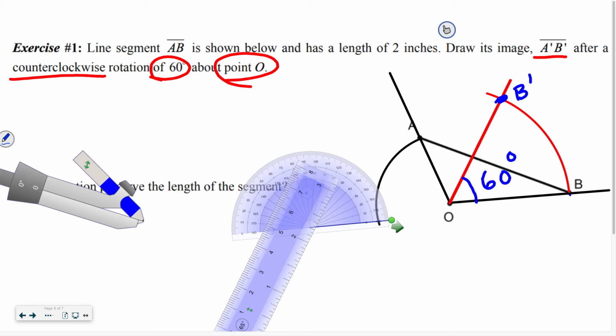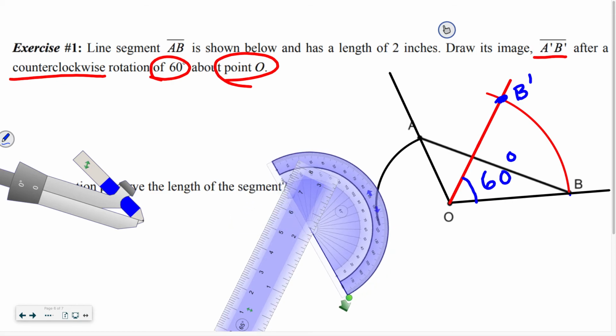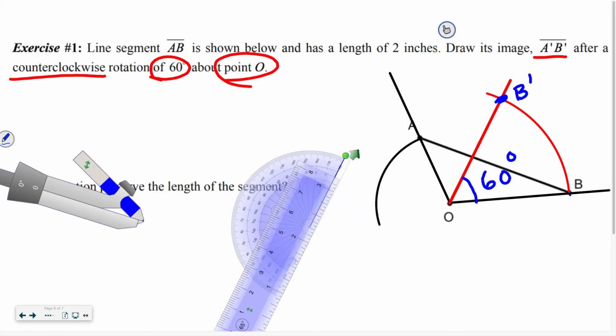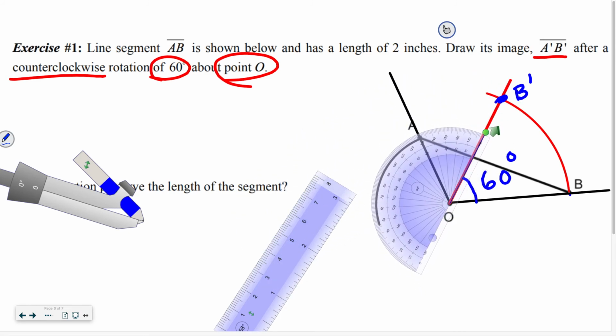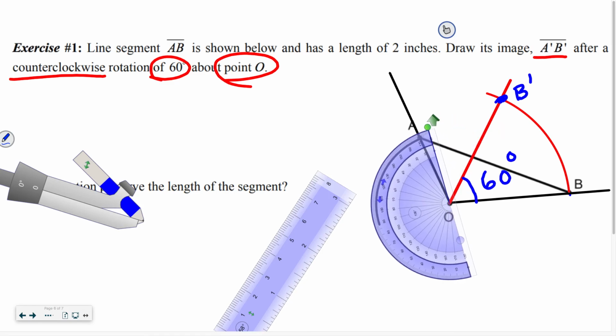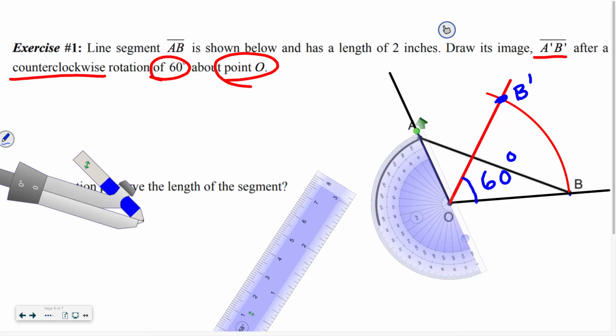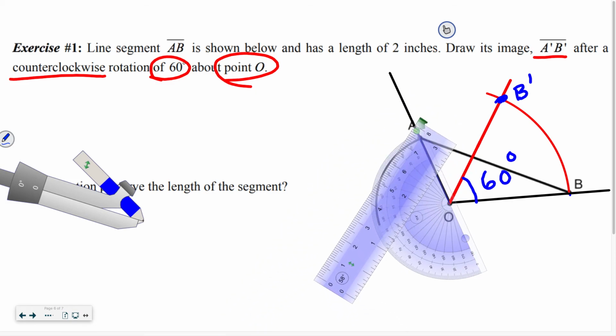Now, I've rotated B, and now I've got B prime. Now I need to rotate A to get A prime. So where is A going to be? I just need to take my protractor again and measure 60 degrees. There's 0. I've aligned 0. I use my straight edge.